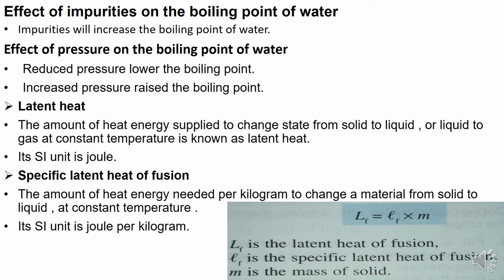Latent heat is divided into two: latent heat of fusion and latent heat of vaporization. Latent heat of fusion means the amount of heat energy supplied to change the state from solid to liquid at constant temperature.